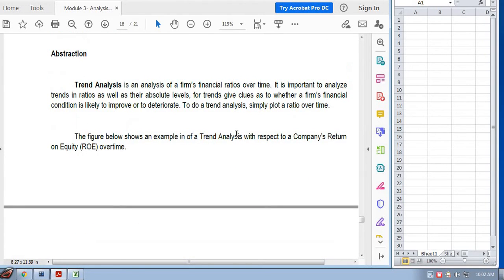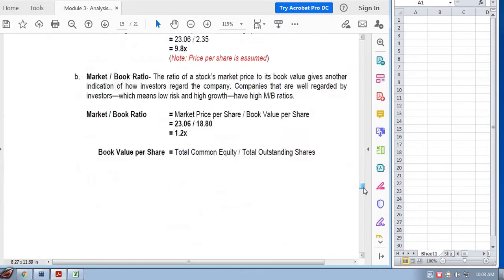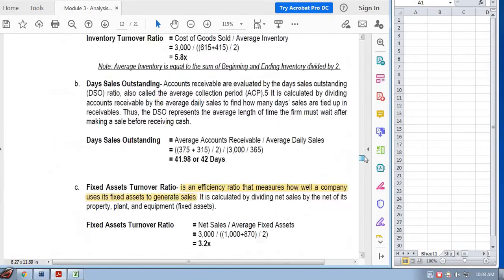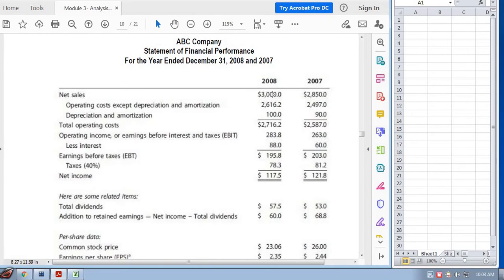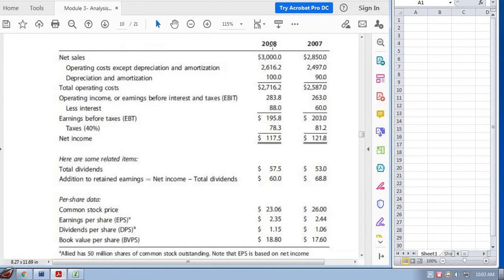Okay, so in lesson 2, by the way, we discussed ratio analysis, wherein our analysis is actually vertical in nature. When I say vertical, it is vertical in the sense that we are considering the data vertically.